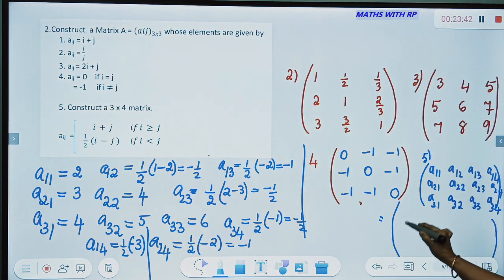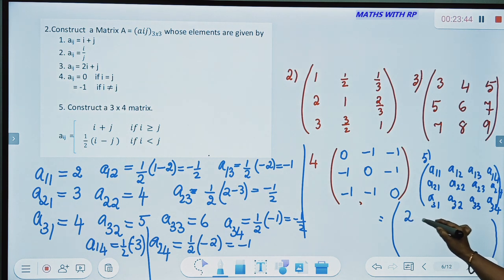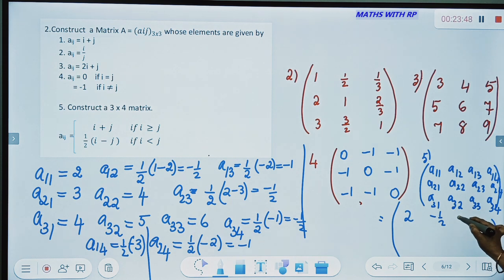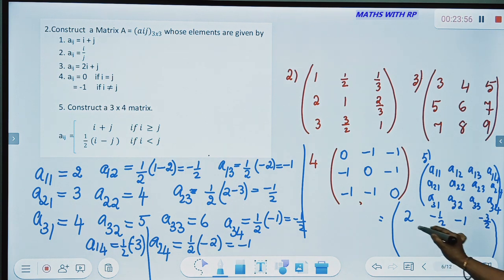So A11 is 2, A12 is minus half, then A13 is minus 1 and A14 is minus 3 by 2. A21 is 3, 4, minus half, and what will be A24?